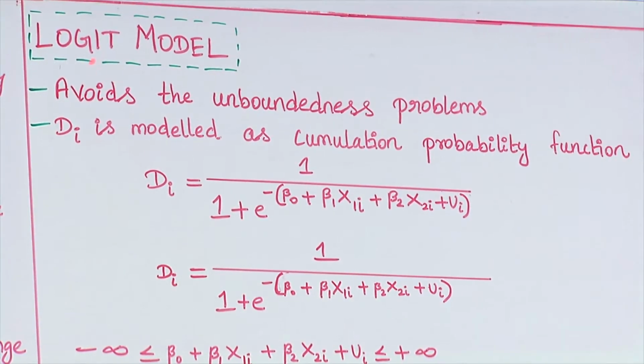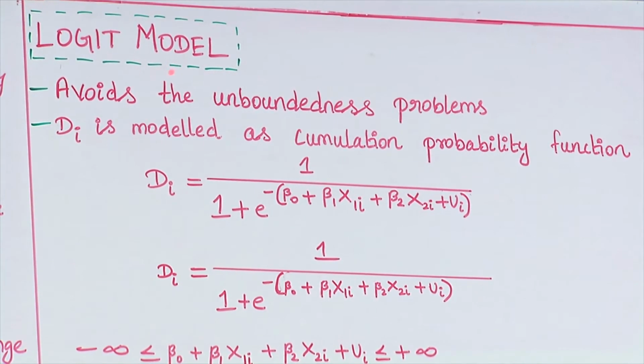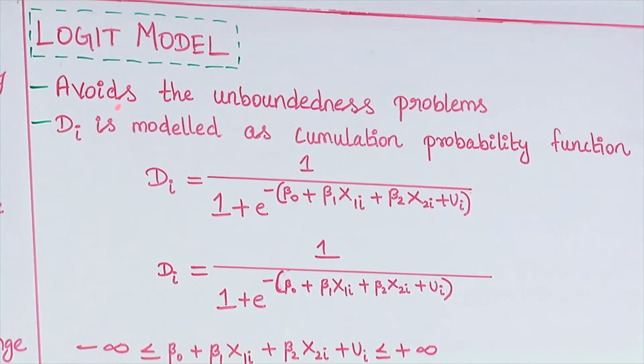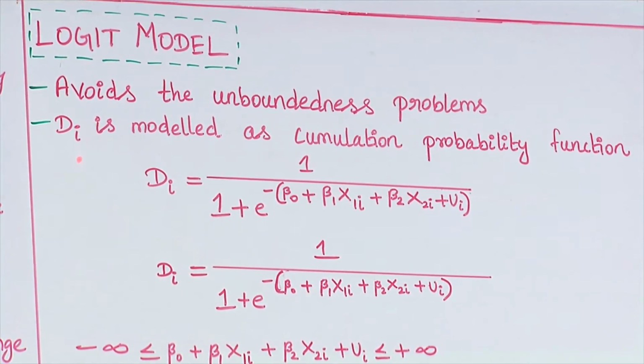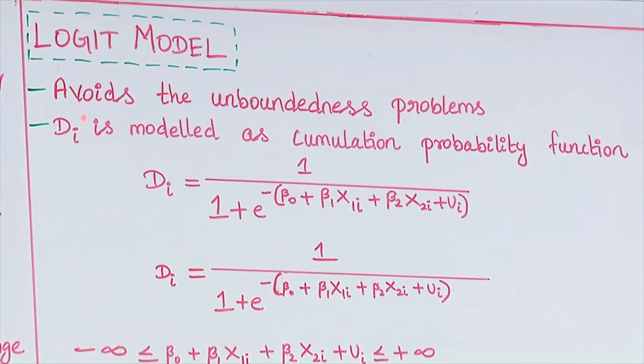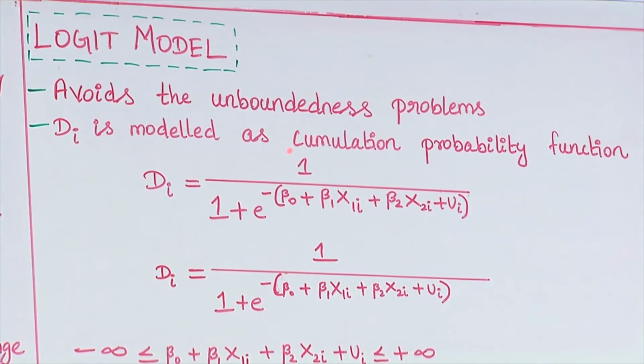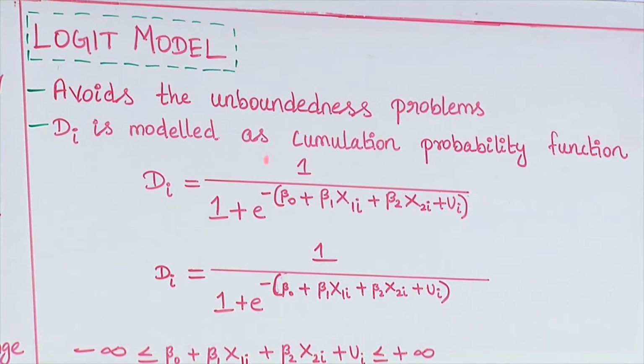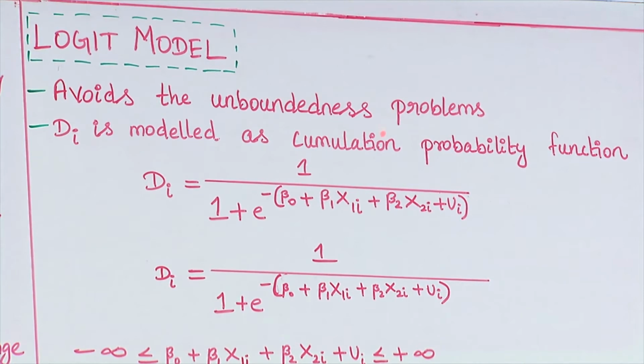LOGIT model is an alternative approach to model the qualitative dependent variables, especially dichotomous or binary choice or binary response models. It avoids the unboundedness problem. The strategy is very simple.